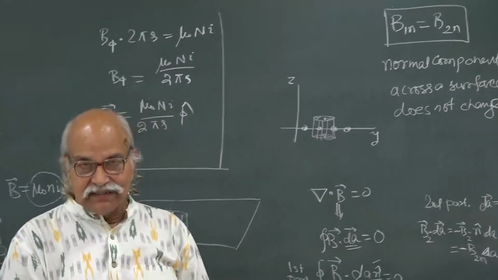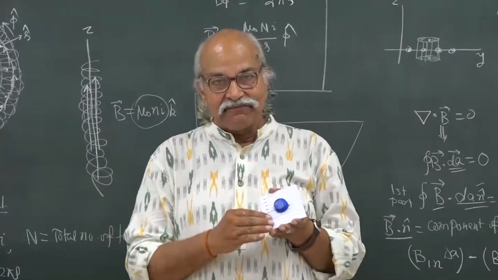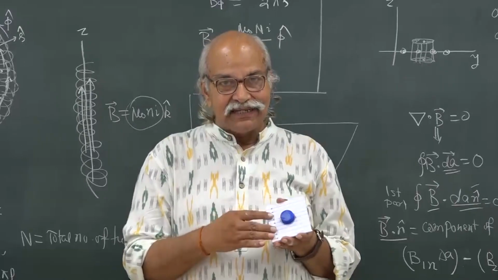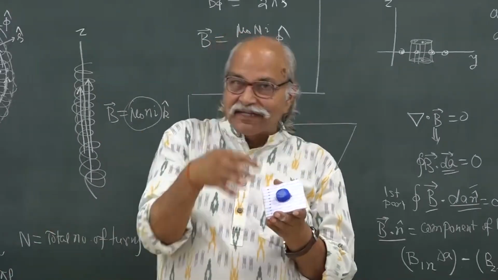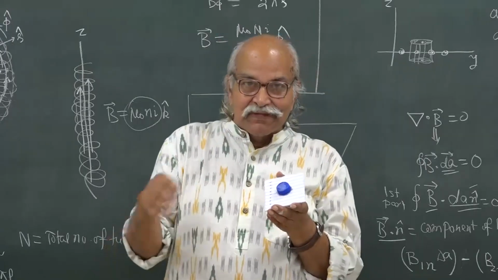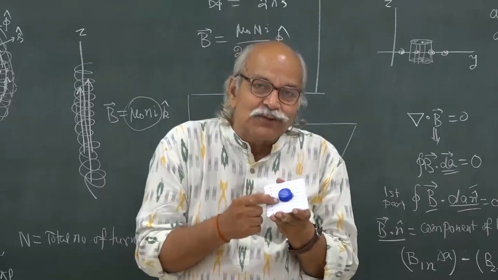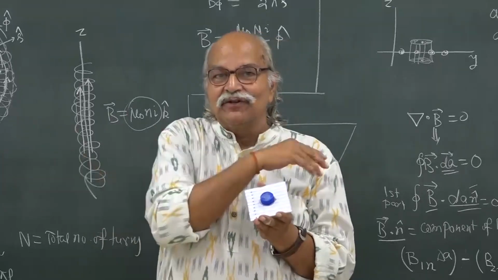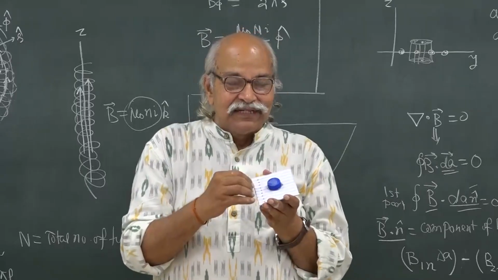If I have this surface and there is a current, and this is the surface on which I am taking the current, it can be part of a big surface, right, and that big surface may be weird. But then I am talking of just some point, and since I am very close to that, what is happening here is not important, what is here, that is important, the direction of current.